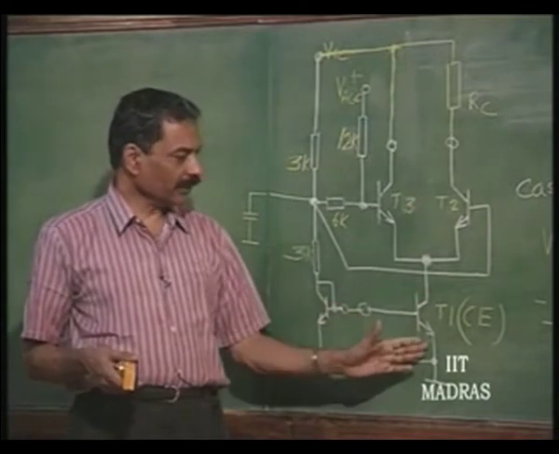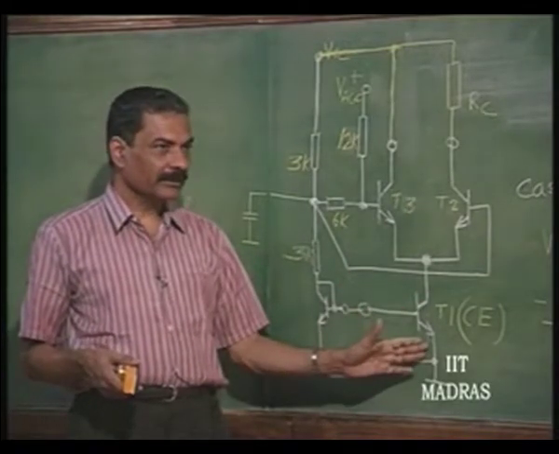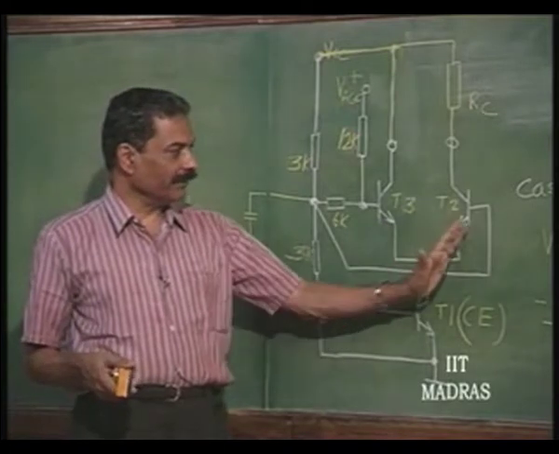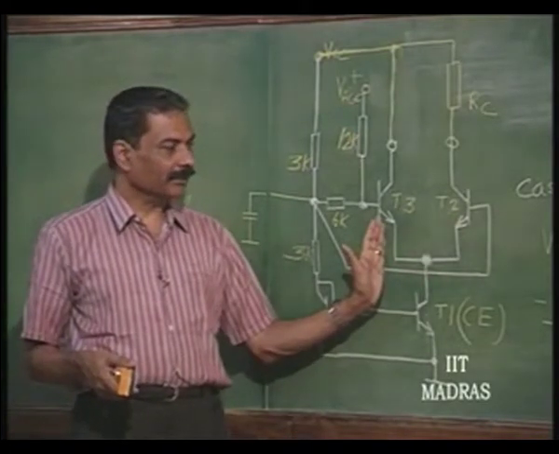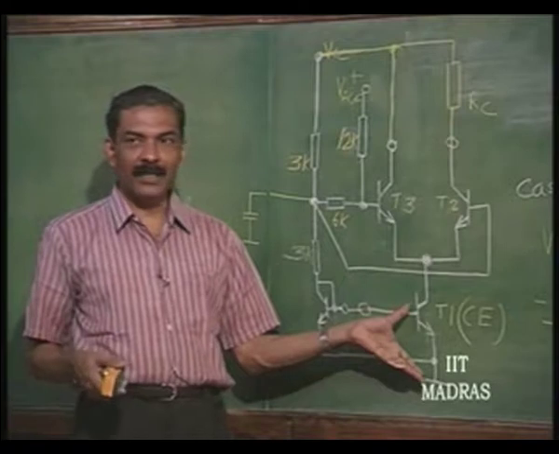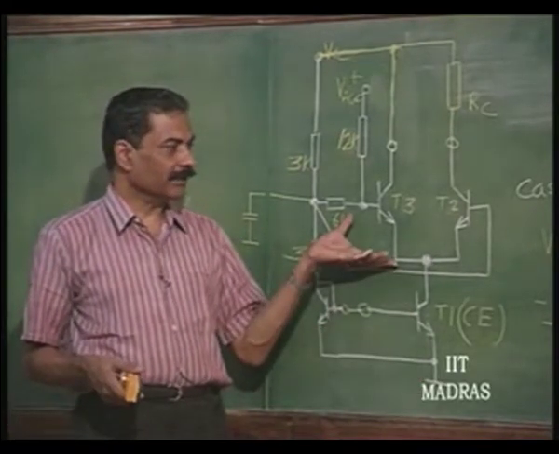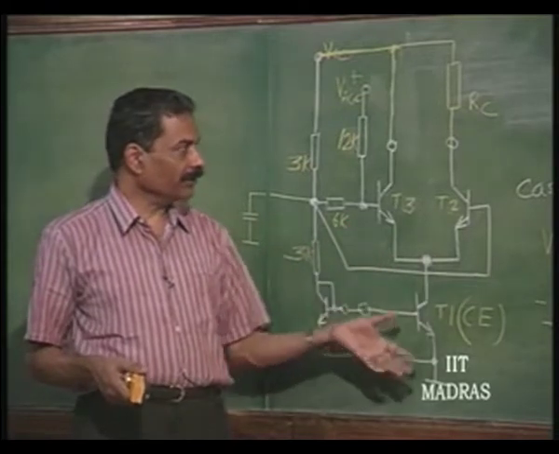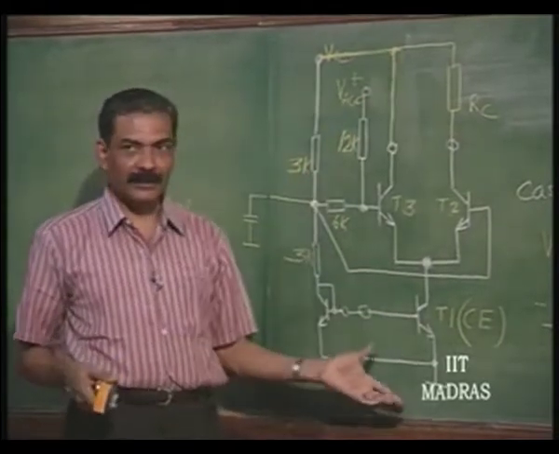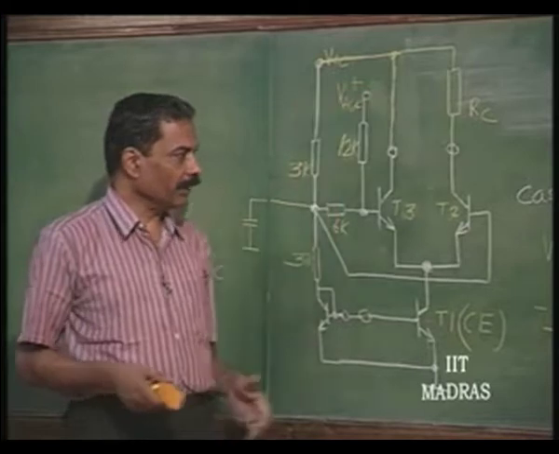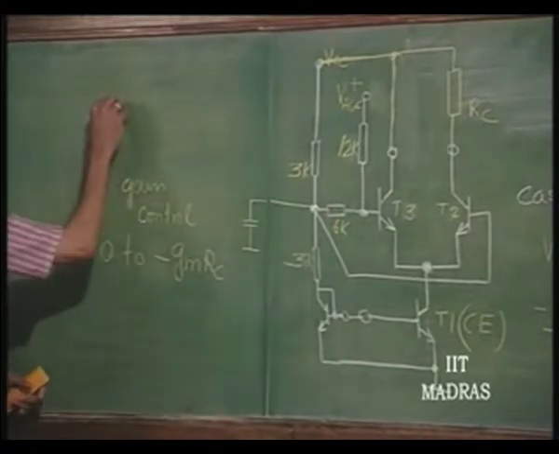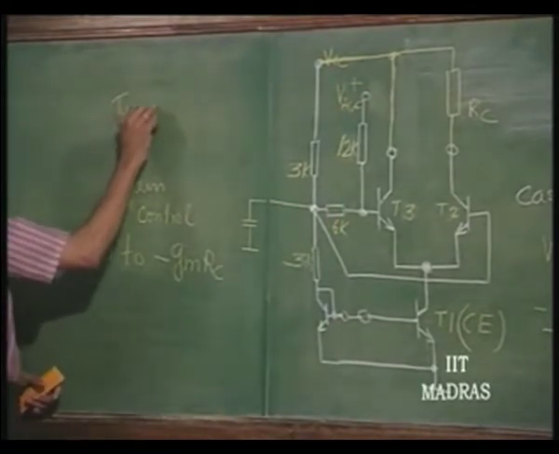Whereas, this current remains constant, okay, and it is in this division of currents that is changed. So, that the parameters Y11 and Y21 remain the same, okay, when AGC takes place. That kind of advantage is offered only by this kind of structure. So, this is very popular in all tuned amplifiers.